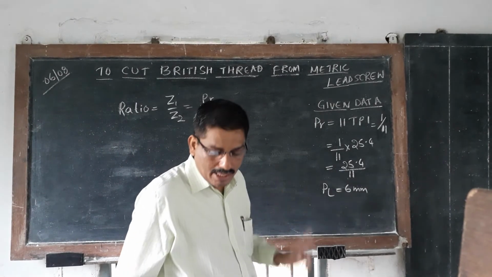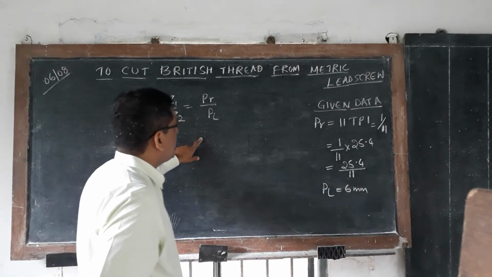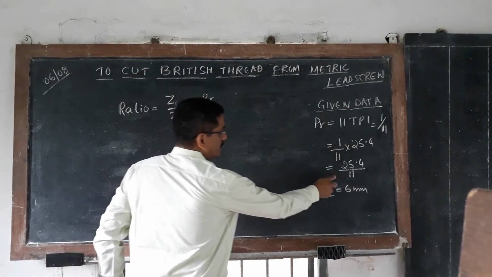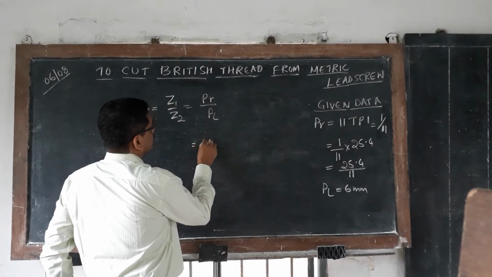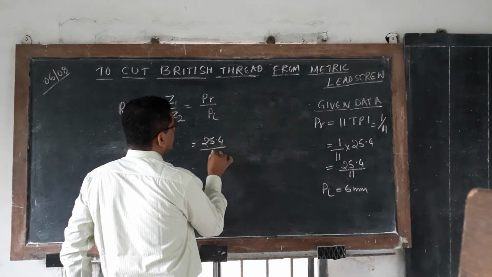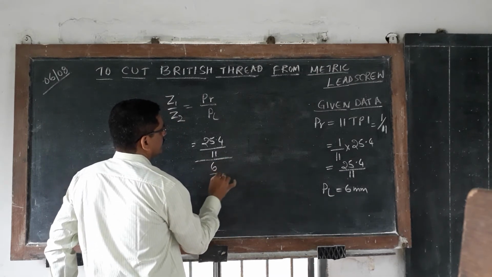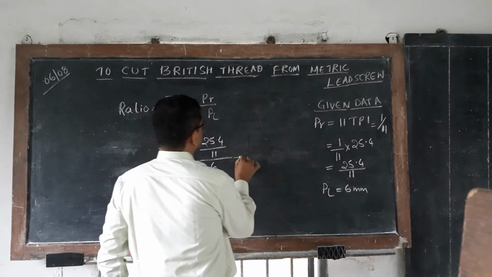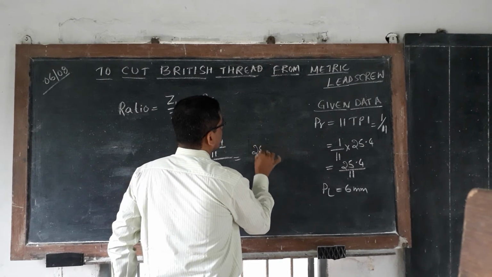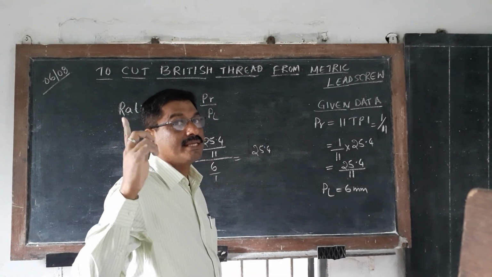Now we will do the calculation. Pitch required divided by pitch of the lead screw. Pitch required is 25.4 divided by 11, divided by 6, is equal to 25.4. Now you will come to know why the conversion gear is required.